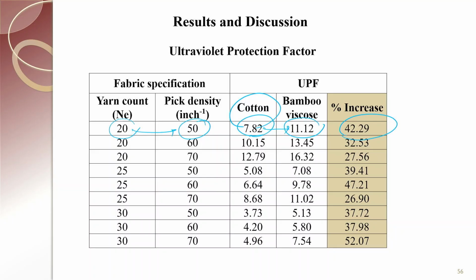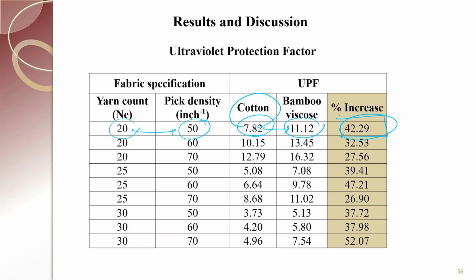So, we can say, keeping all the parameters at the loom state, pick density, because ends per inch is kept same, with that structure we have got the higher UPF. So, 42% increase in UPF in case of bamboo as compared to cotton.